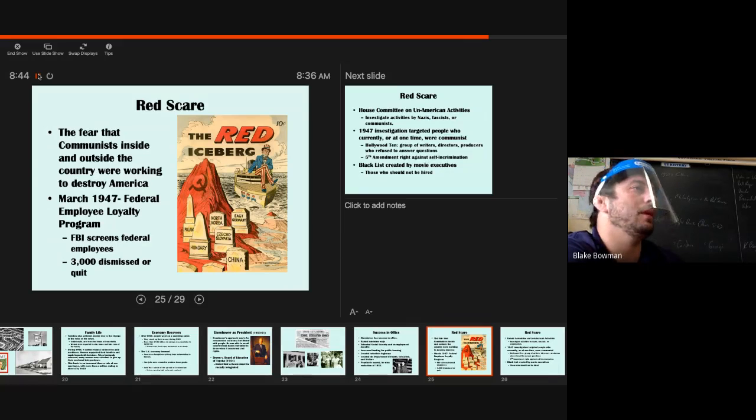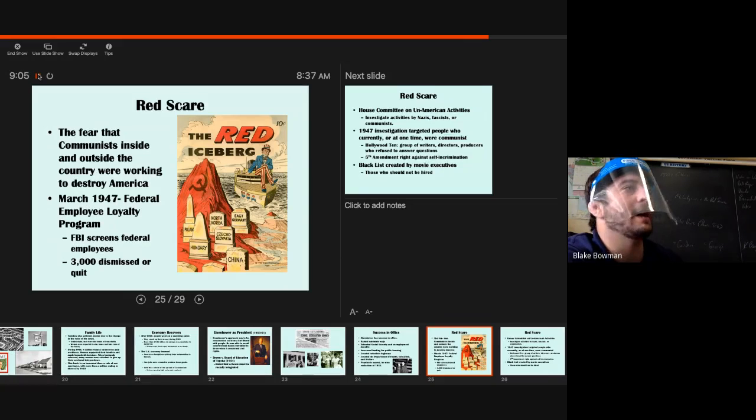So we want to make sure that we could stop this spread of communist policies and ideas and ideology. The way to do that is create a task force to try to question and weed out these communists from American society.